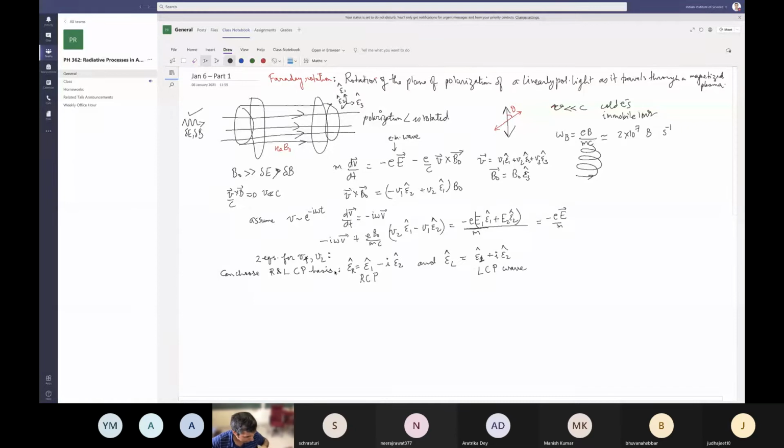So your electric field can be written in this basis, and what happens is the following.